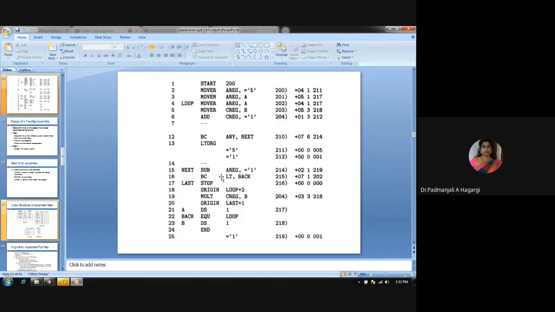Now I hope you have got all of the instructions, and we have seen the advanced instructions like LTORG and ORIGIN.